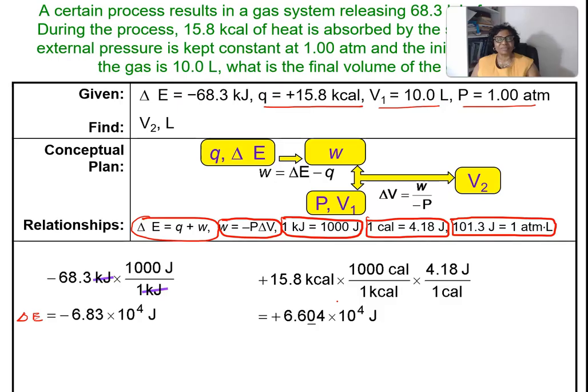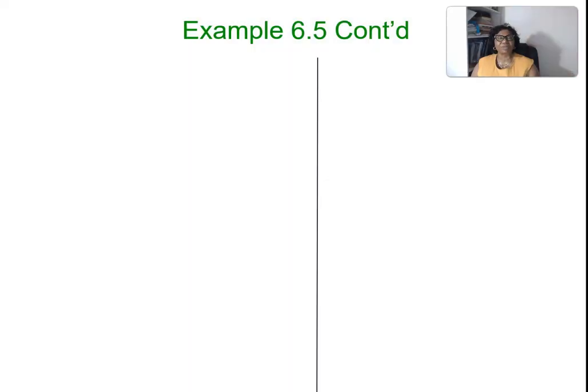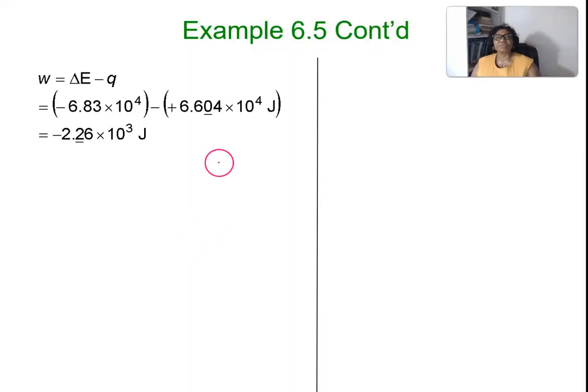We got that already. Now we want to find W. We are going to use this equation to find W. We have our internal energy. We have our Q. So internal energy, we got it, this is in joules.